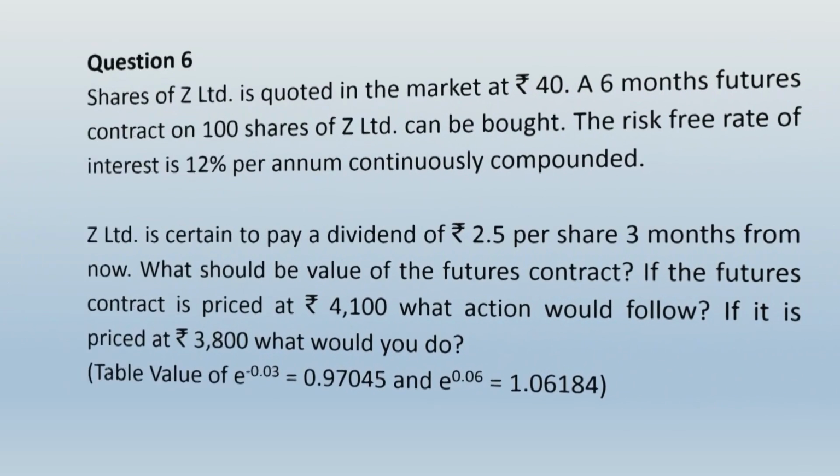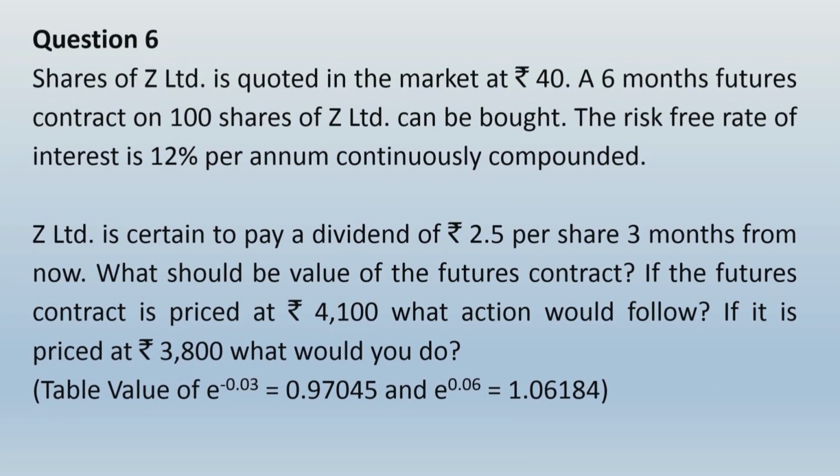Question number 6 is talking about shares of Z Limited quoted in the market at rupees 40. That means this is S0. A 6-month futures contract on 100 shares of Z Limited can be bought. The risk-free rate of interest is 12% per annum continuously compounded. Z Limited is certain to pay a dividend of rupees 2.5 per share 3 months from now.